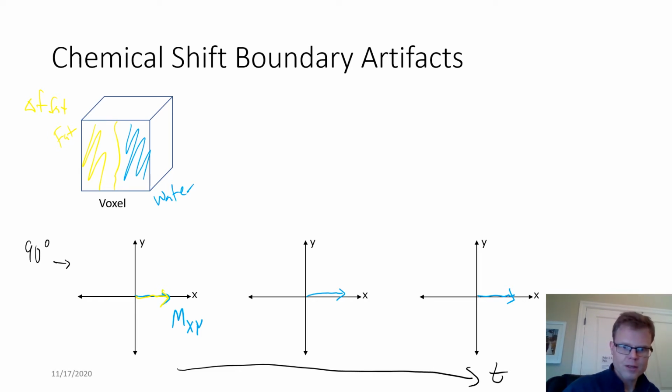Over time, due to the change in resonance frequency, it's actually going to be rotating at this difference in resonance frequency, so this chemical shift difference. And eventually we can get to a state, for example, where it would rotate to be completely out of phase.